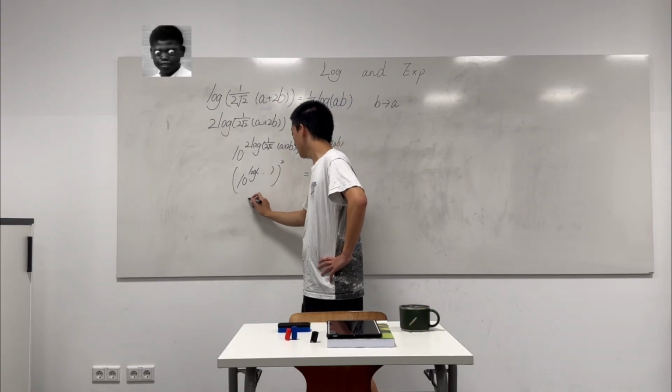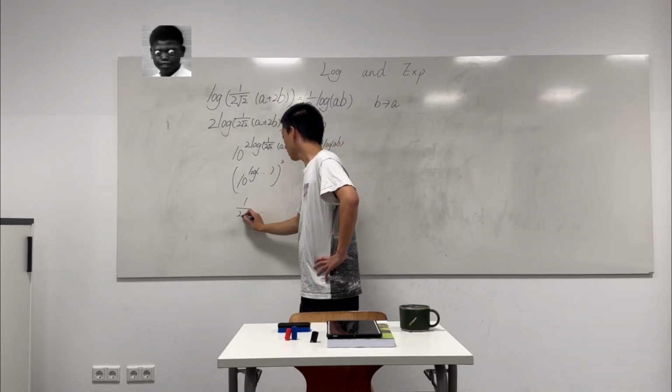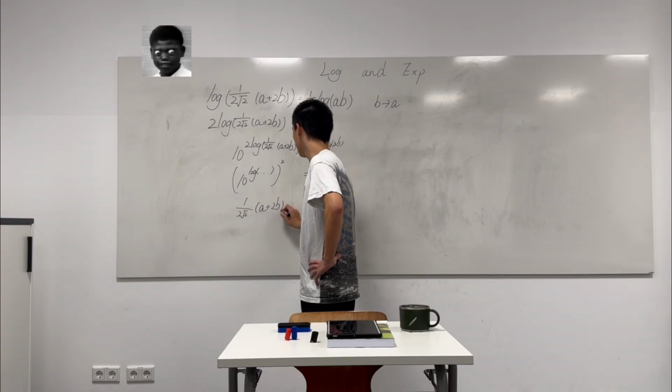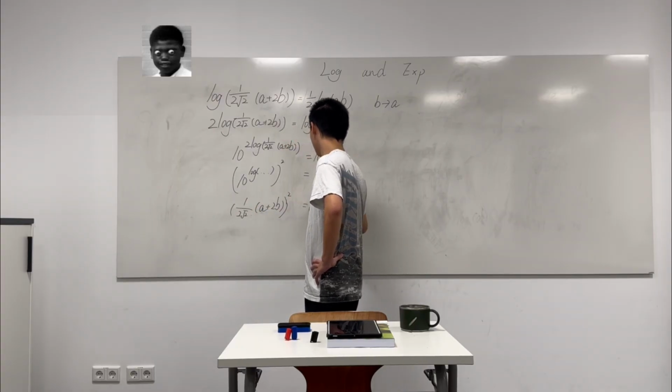Then 1 over 2 times square root of 2 and A plus 2B, whole thing to the power of 2 is equal to AB.